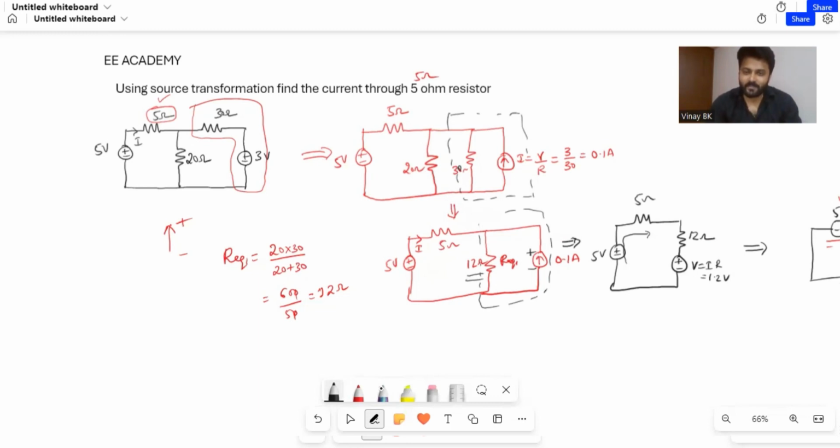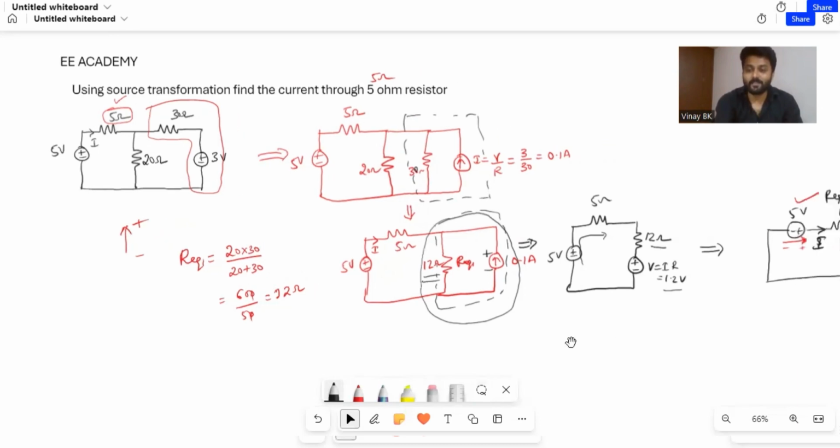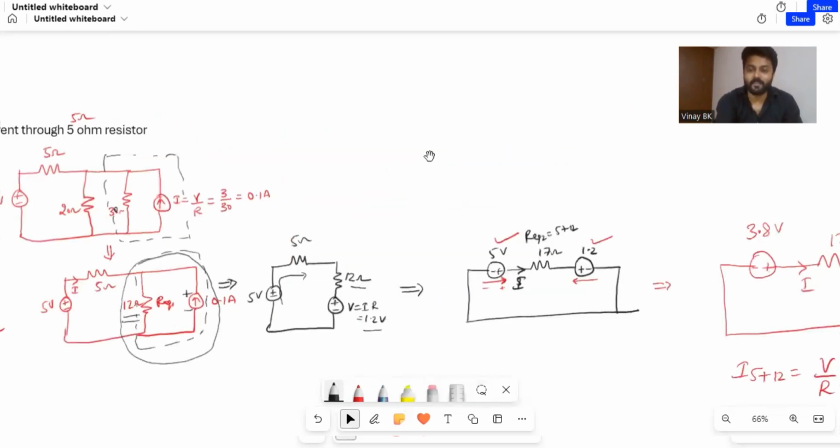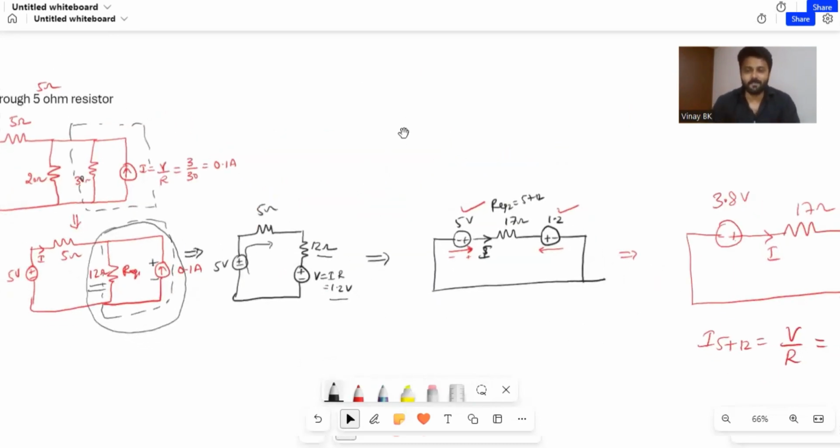Next you are transforming this current source into a voltage source, so you will get 1.2 volts along with the 12 ohm in series. Then the two resistors and two voltage sources are in series, so you can get an equivalent voltage source and equivalent resistor by adding or subtracting the voltages and by adding the resistors. So R equivalent will be 5 plus 12, that is 17 ohm.